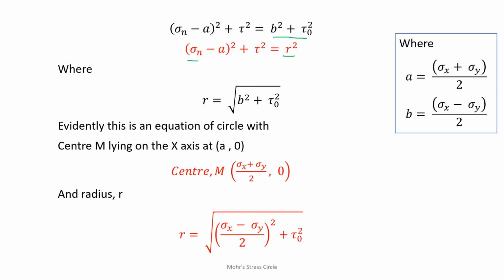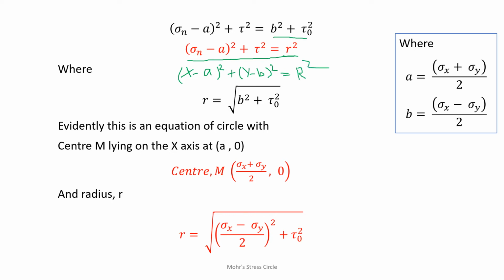This is an equation of a circle. How? We know the equation of a circle on an xy plot is x minus a whole square plus y minus b whole square equals radius r square.